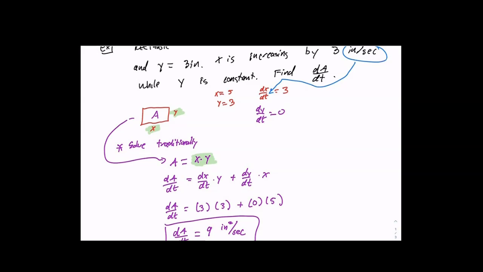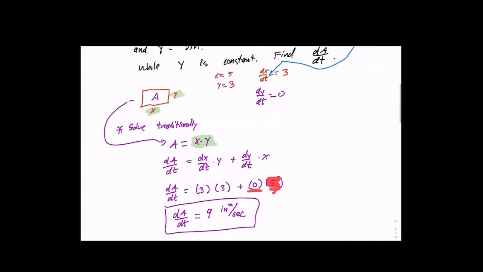If I didn't give you x, it would not have mattered, because x ends up being multiplied by 0. You would have still been able to find the answer, because it would have just been 0 times some other number.